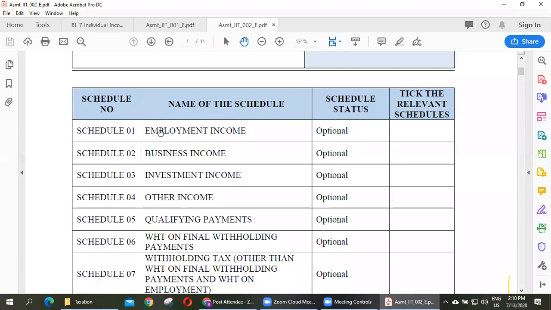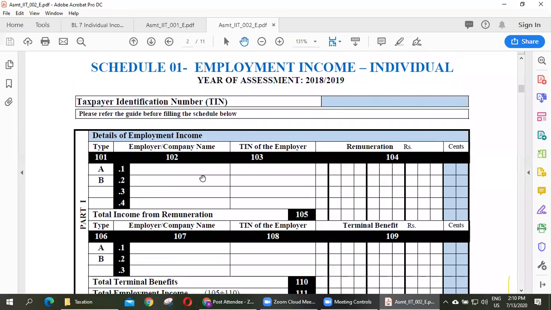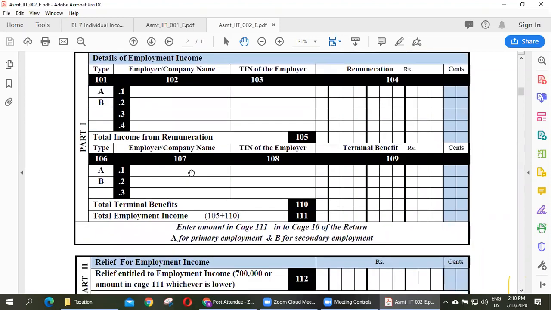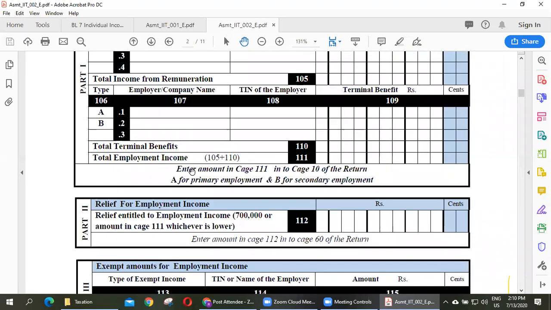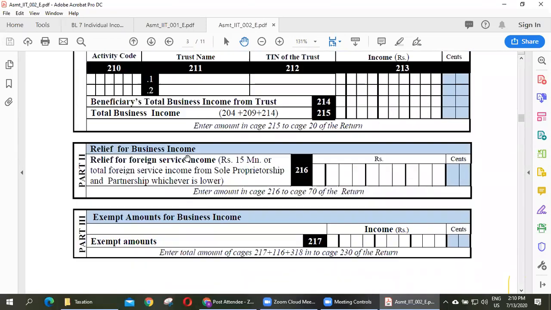Schedule 1, employment income, individual: what type of income, who is the boss, who is the employer, you have to insert that. And schedule 2 is income from business.